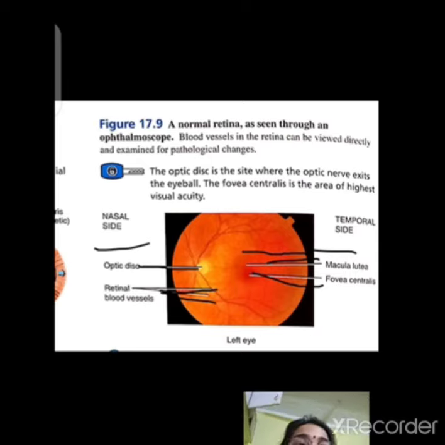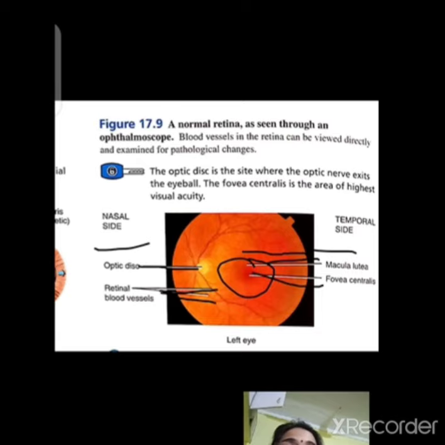The fovea centralis is the area of the highest visual acuity. You are able to see properly because of this fovea centralis. The images formed on the retina fall on this fovea centralis.